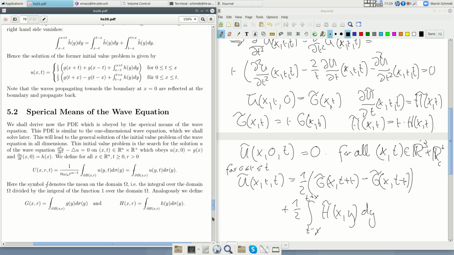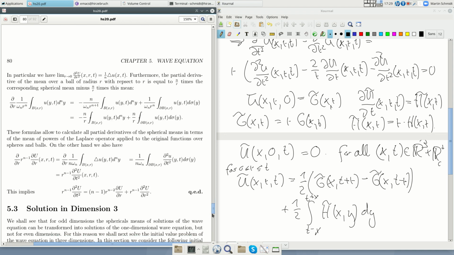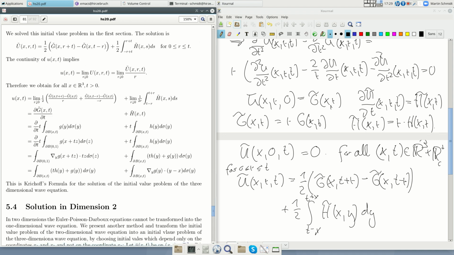This is the formula where we inserted our values. We call this S.